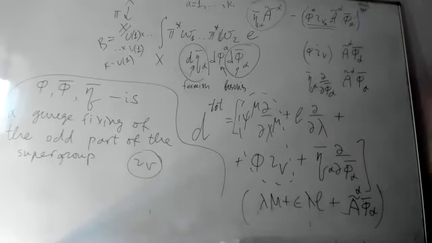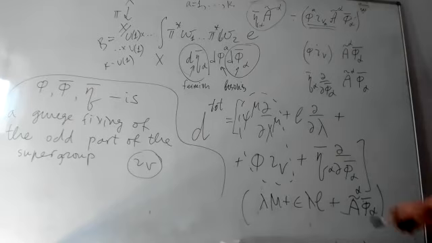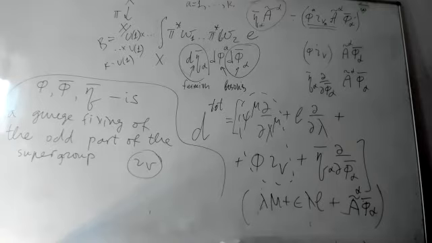I call this phi bar because of the tradition in the physical literature. It's because this structure appears in N equals 2 super Yang-Mills, where there are phi and phi bar scalars.